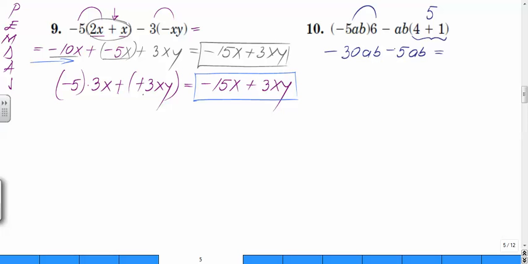You're subtracting here, right? Which means you add the opposite of the number that gets subtracted, and I have negative 30ab plus negative 5ab. They have the same sign. I'm going to add 30 to 5, which is 35. 35 what? ab's, and I will keep the sign negative, right? And that's the answer to this problem.